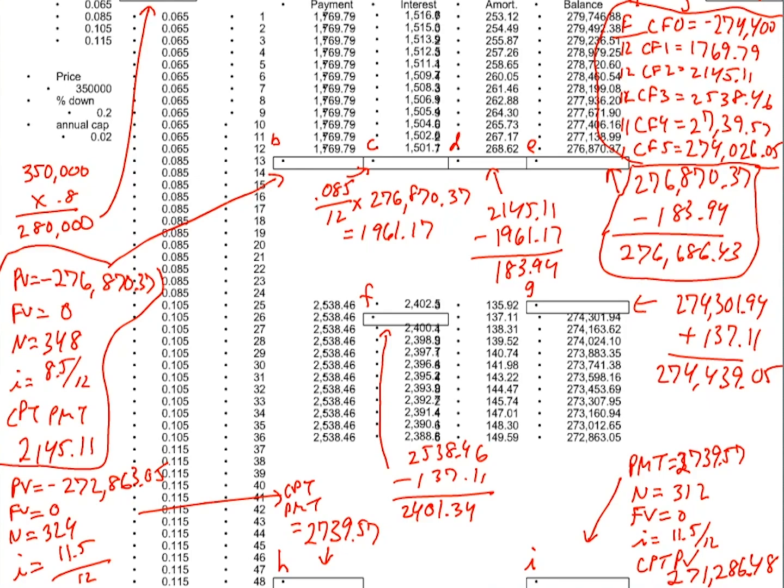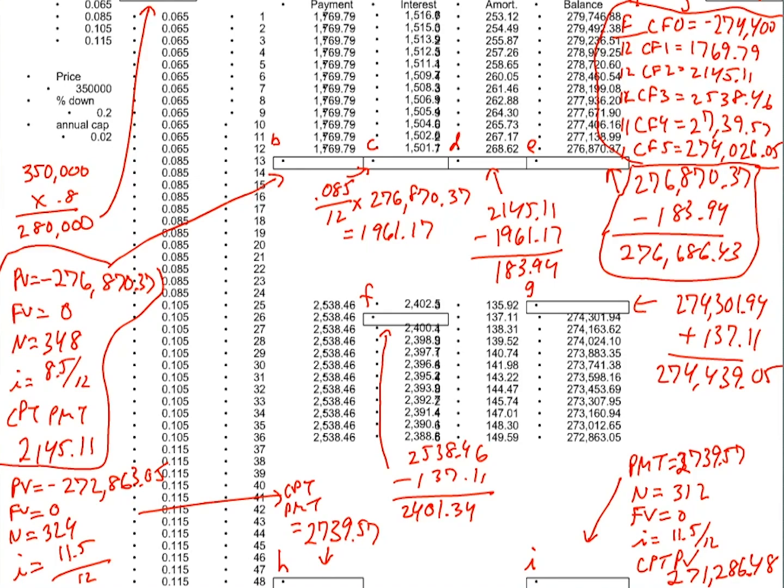And that gives us a balance at the end of the 48th month of $271,286.48. Okay. There's only two others left. Actually, one other left. We did get the loan amount. There really is only one other left, which is the IRR.